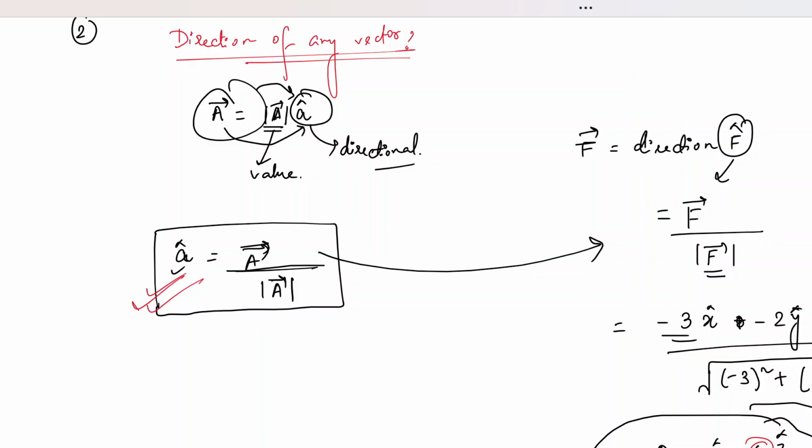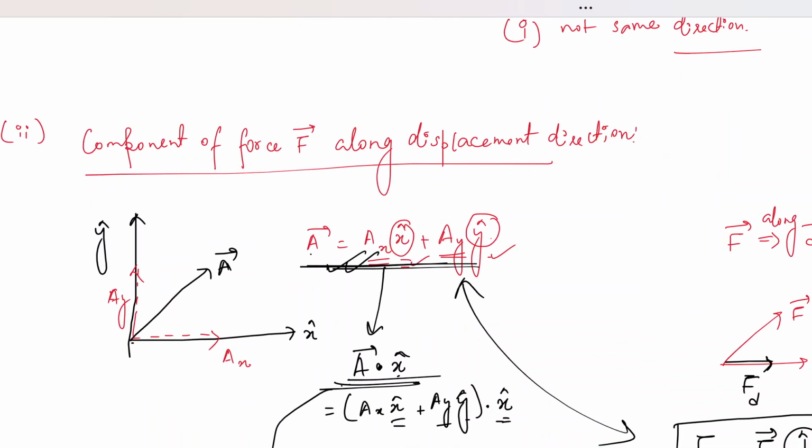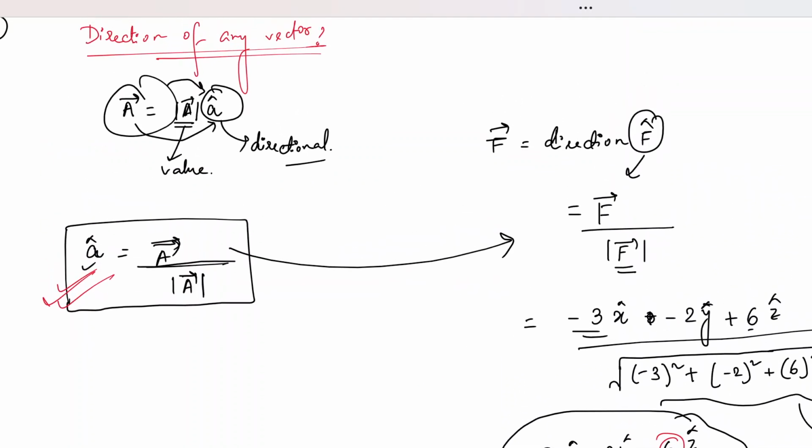Okay, there you go. So f cap is the direction of f. You want part number 1 or part number 2? Part number one, just the direction question. There you go.